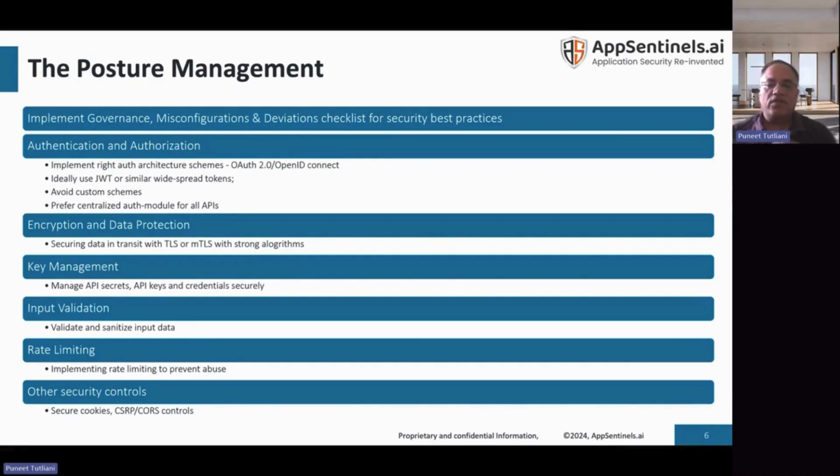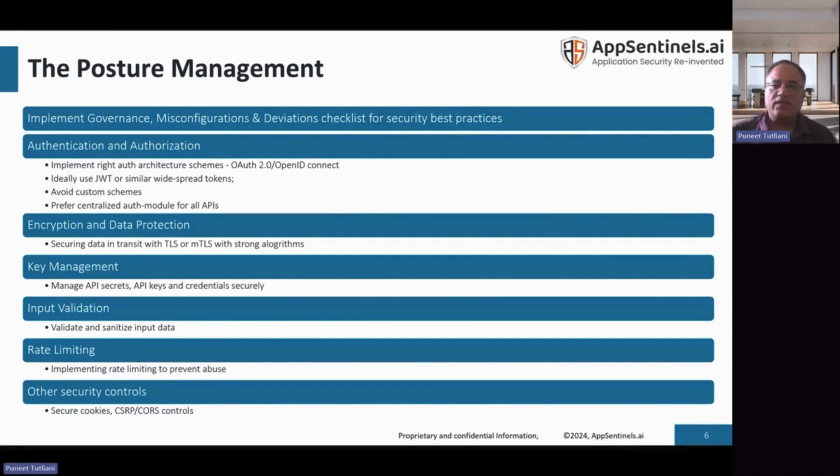Further, authentication and authorization are critical aspects in APIs. So our recommendation is that organizations should implement the right auth architectures, schemes like OAuth 2 or OpenID Connect. Ideally, the recommendation is to use JWT tokens or similar widespread mechanisms or protocols. Do avoid using custom tokens because there are many attacks, like replay kind of attacks, which can be detected if it's a JWT.